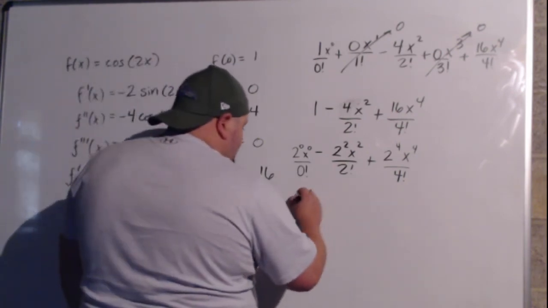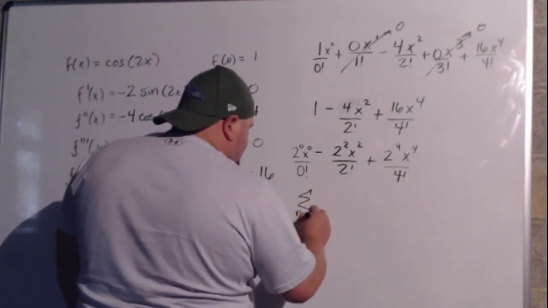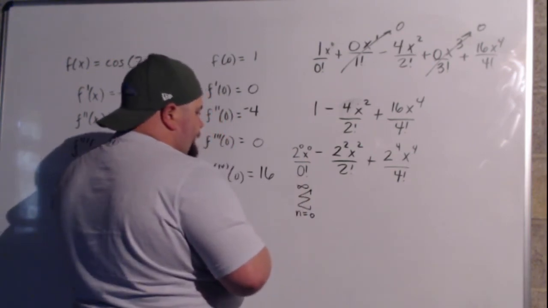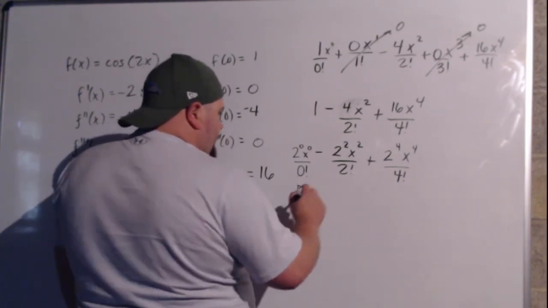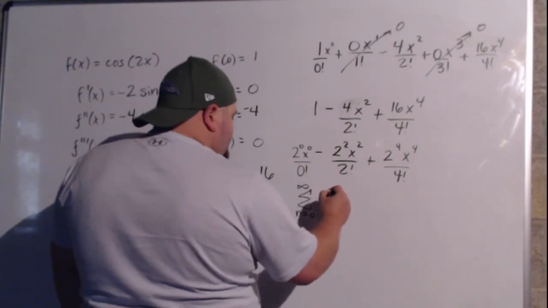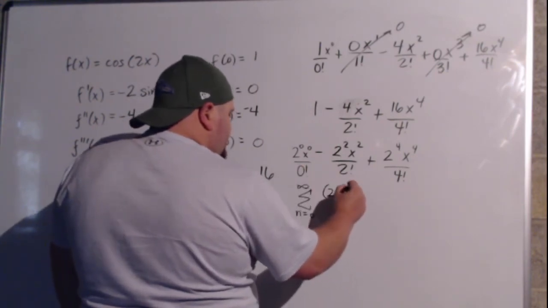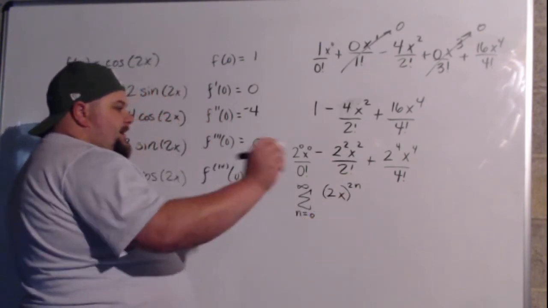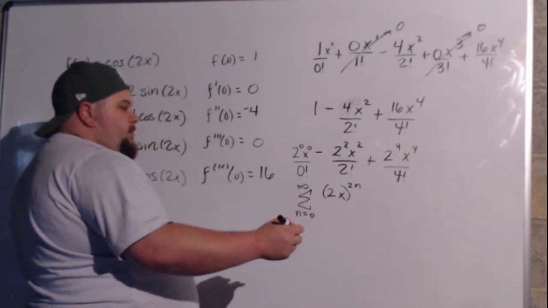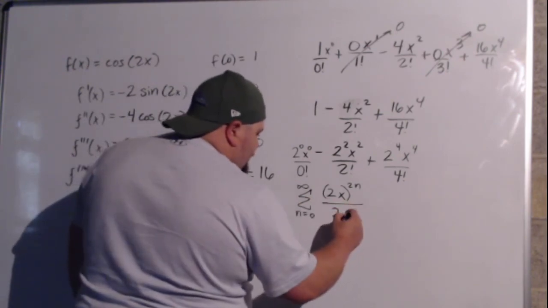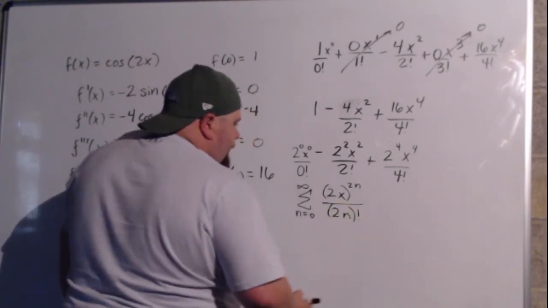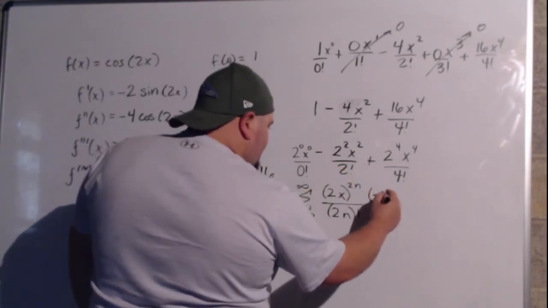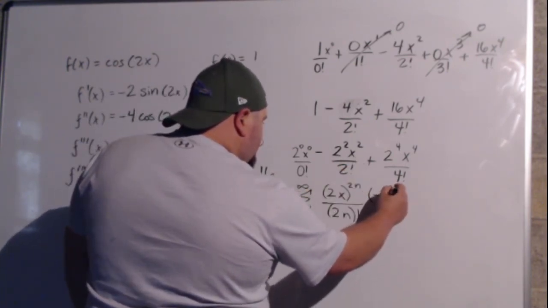So this would be the summation n equals 0 to infinity. It looks like 2x to the 2n, right, because it has to be even, divided by 2n factorial, and then it alternates sign, so times -1 to the n.